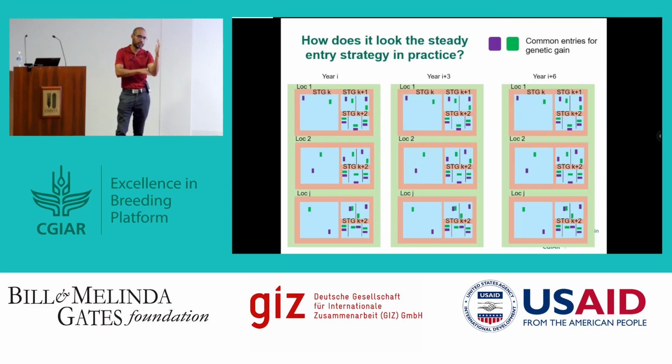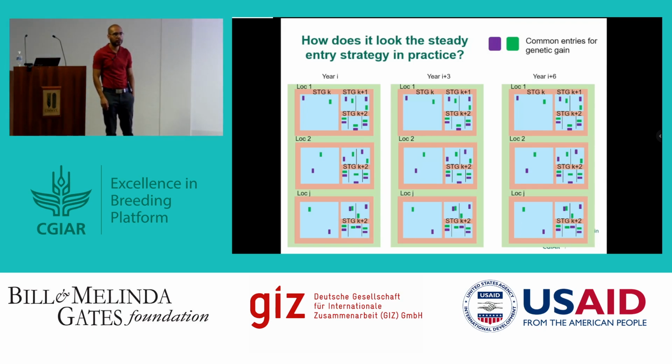The performance doesn't have to be the best entry. It can also be something average or something low. That really is mostly just the fact that it will respond to the environment. So you can take some of those most stable entries from the meta-analysis from your last selection, and that can become your steady entry, your genetic gain check, whatever name you want to give that entry.